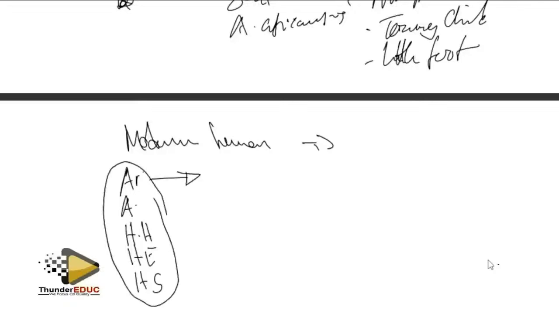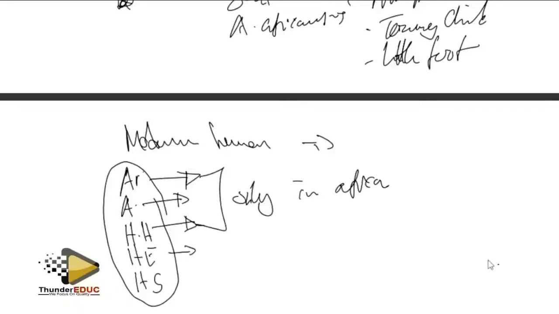Tell us that Ardipithecus and then Australopithecus and Homo habilis were only found in Africa. Then when you reach here, you say that the oldest fossils of Homo erectus and Homo sapiens were discovered in Africa.